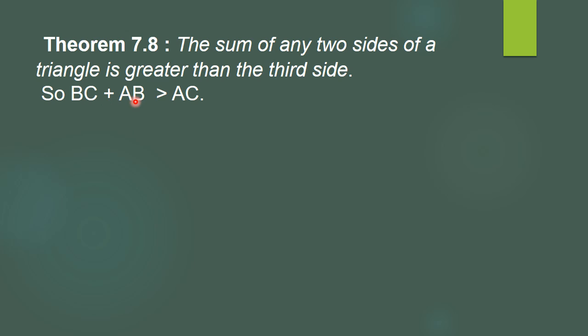Here the same, the addition of any two sides is always greater than the third side. So if you add AB and BC, it will be greater than AC. If you add AC and BC, it will be greater than AB. That is required to form a triangle.